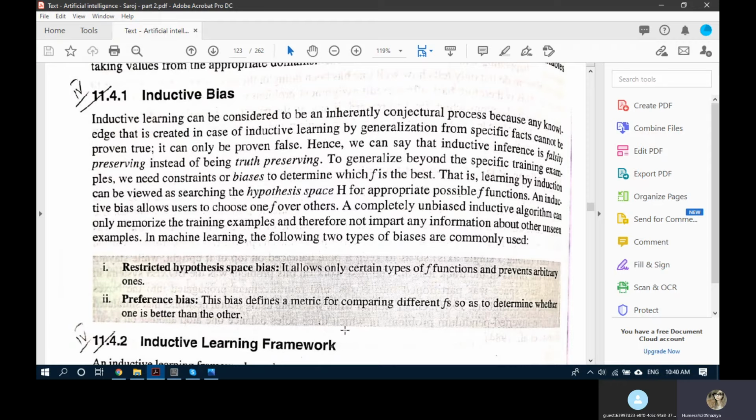It means that if I teach you about 10 different kinds of cats, and you memorize their structures, features, and characteristics, and I show you an 11th type of cat, you will not be able to say that it is a cat, because you have memorized the features, you have not understood them.